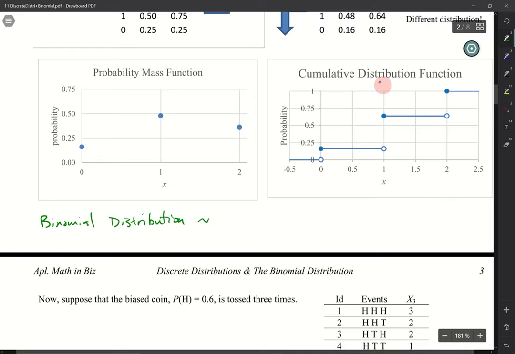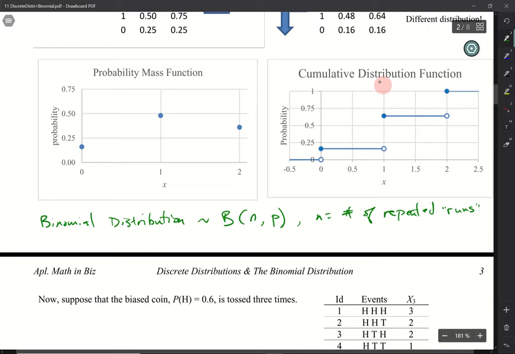We could abbreviate that as B(N, P), where N is the number of repeats, or I guess we'll say runs.